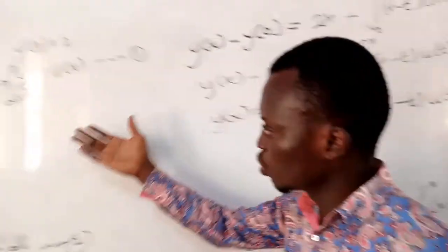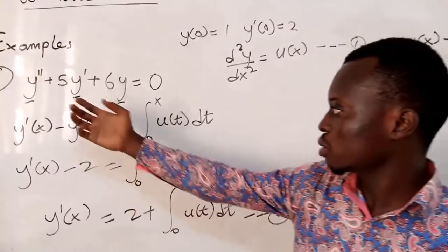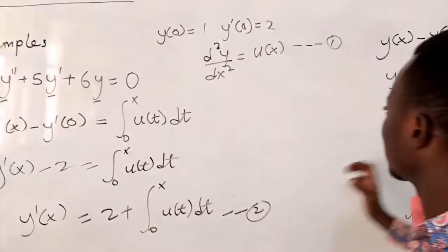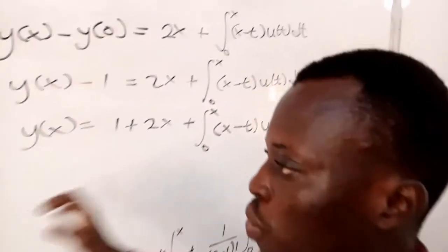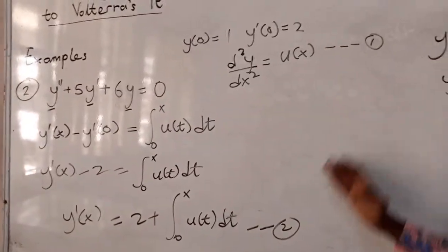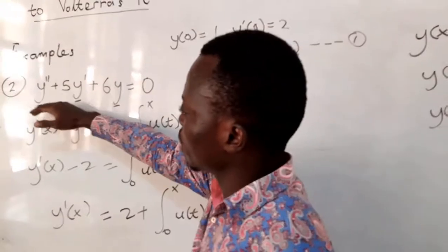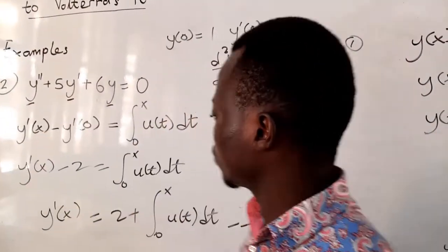Now we have equation 1, which is y double prime, equation 2, which is y prime, and equation 3, which is y. Now let's substitute equations 1, 2, 3 into our ODE.